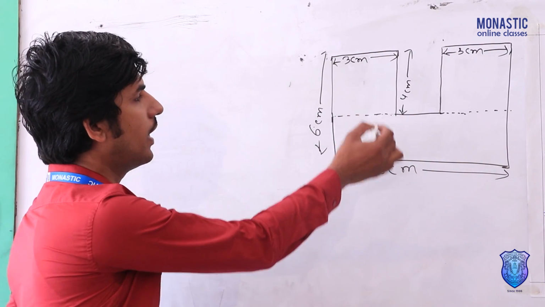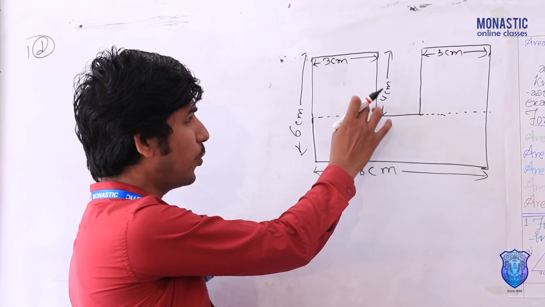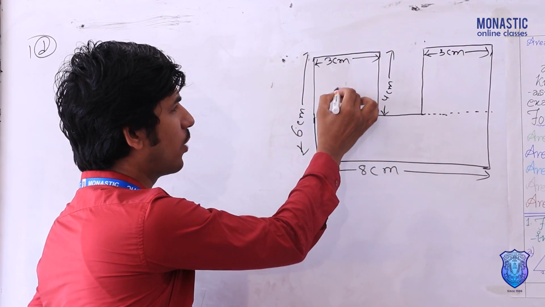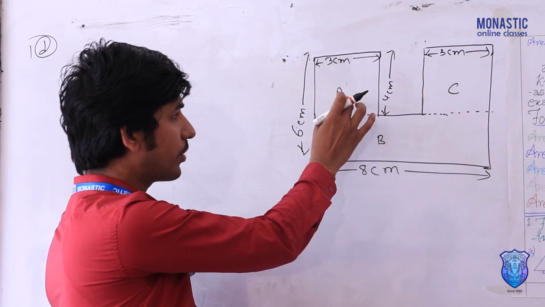Okay, see, actually in this figure we are seeing three parts. When there are three parts, first of all, name them A, B and C. Why?